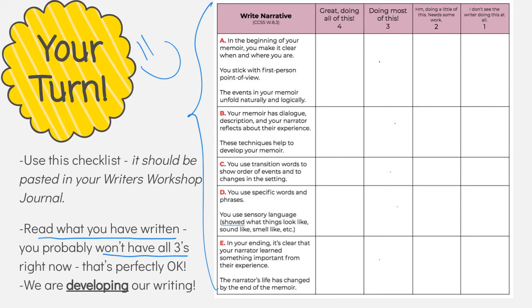You will have strengths. Maybe you did a good job in the beginning, and you'll have weaknesses. "I didn't have a lot of dialogue." That's fine. Right now we're developing our writing. So if you find that you don't have any dialogue or any quotes, this might be a goal as you move forward with your writing that you want to keep in mind: I need to include more of this.